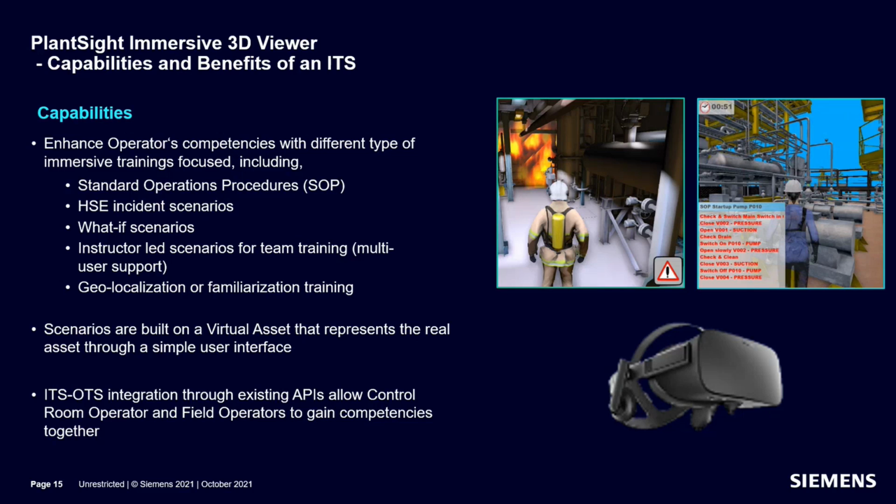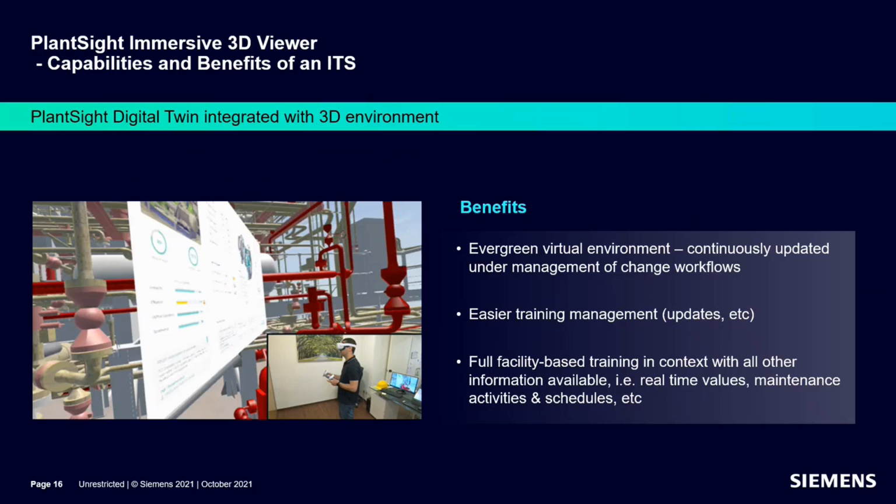following the simulation training. So if we look at a combined environment here, which is PLANTSIGHT Immersive 3D Viewer, it will allow that trainee to immerse himself on the physical plant. He will be able to draw and pull down real-time information about the area where he is.